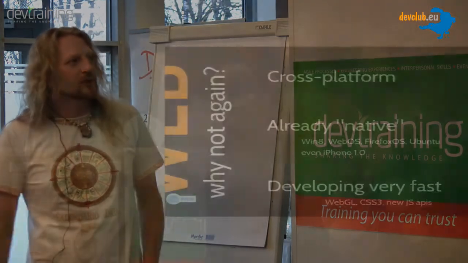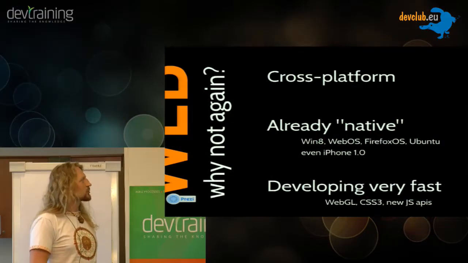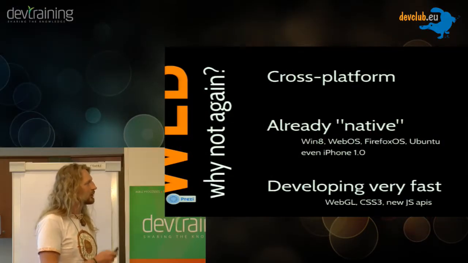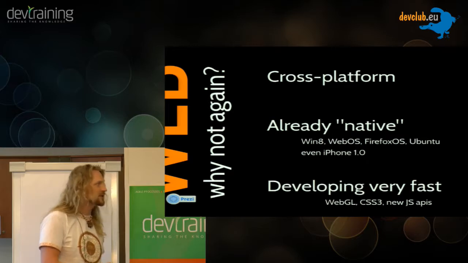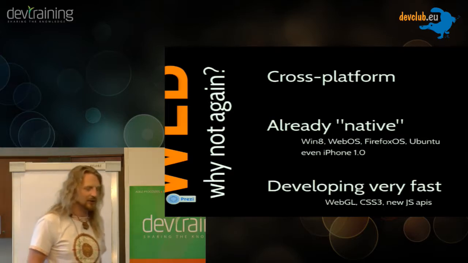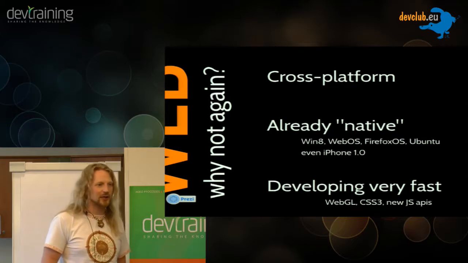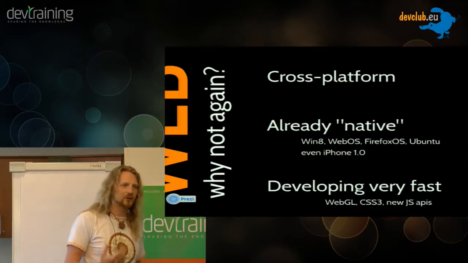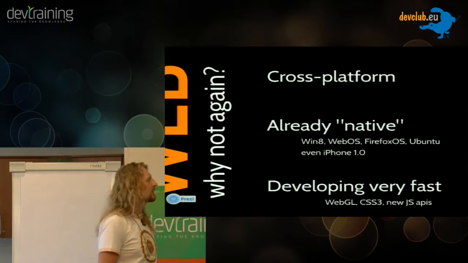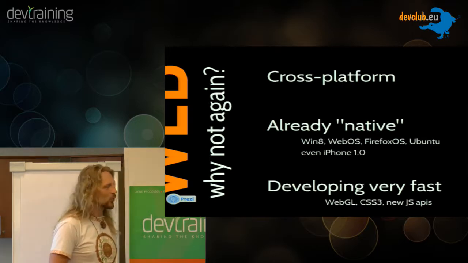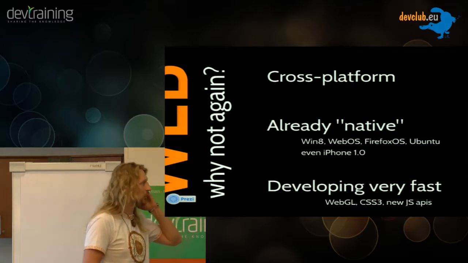When you do cross-platform with web, you are already native on some of the platforms. Windows 8 has HTML5 as a native citizen. Then there is Palm webOS, which is not very popular right now, but still.